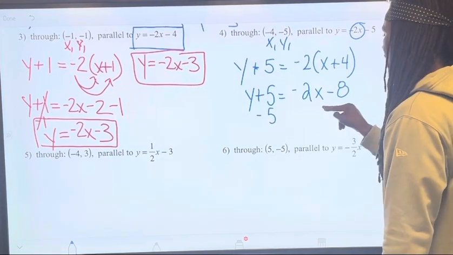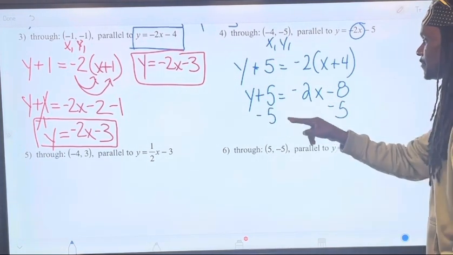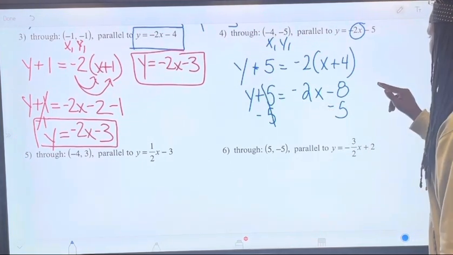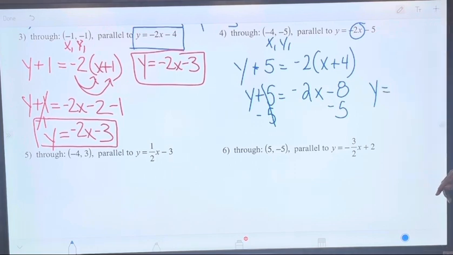Subtract 5 from both sides, and we're going to make this y equals negative 2x minus 13.